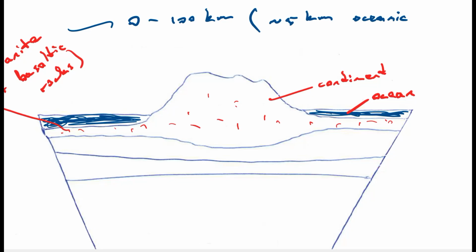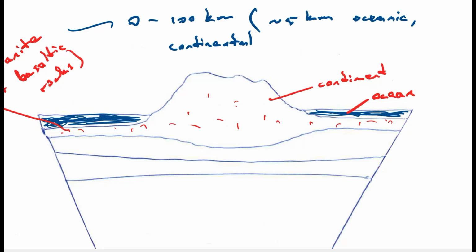And in terms of the continental crust, let's put a comma there. Oh, did that work? Yep, there we go. Continental crust, the average is about 30 kilometers. So let's write continental. It's thicker than the oceanic crust, but it does actually get quite thick as well, especially under the mountain ranges.